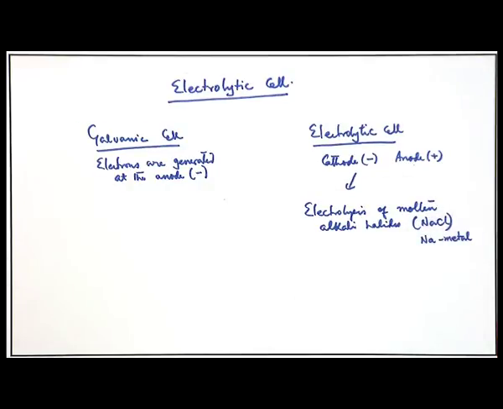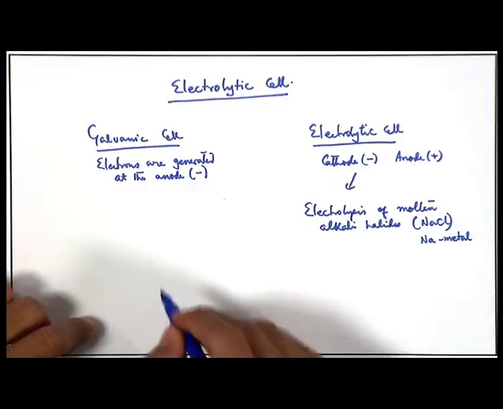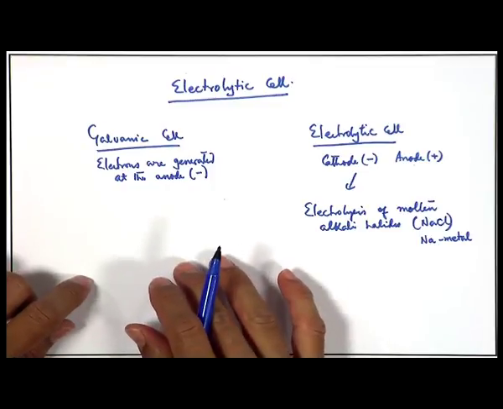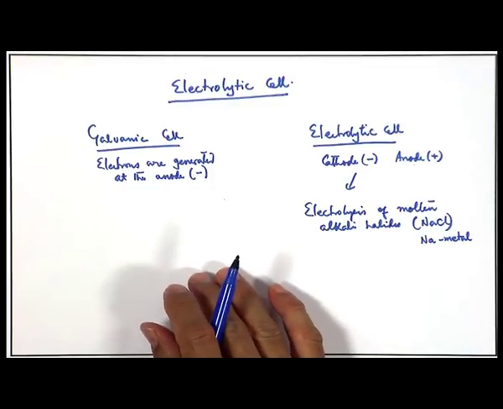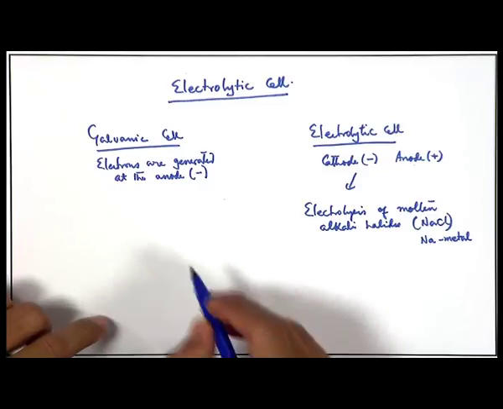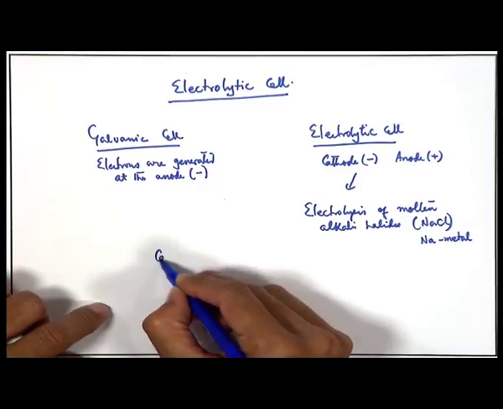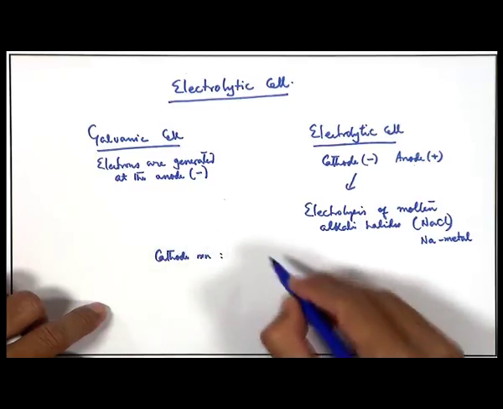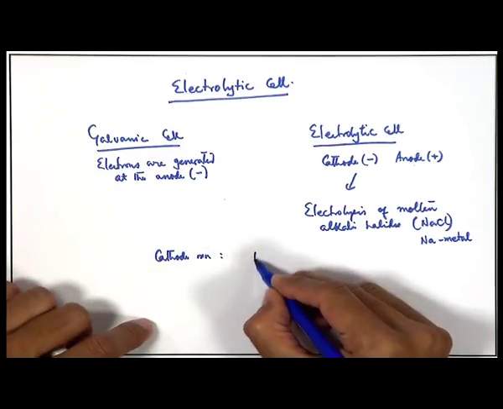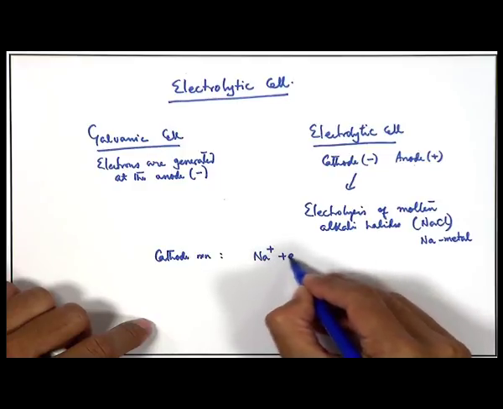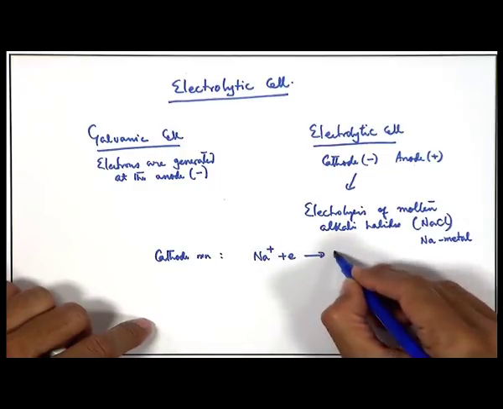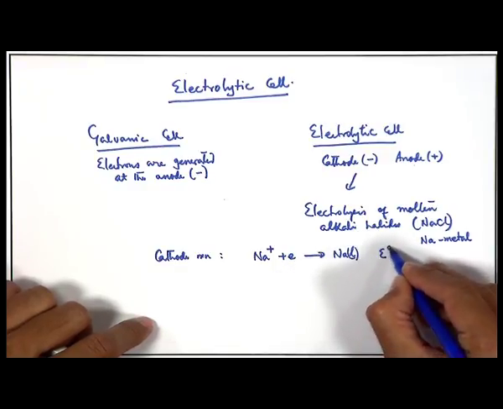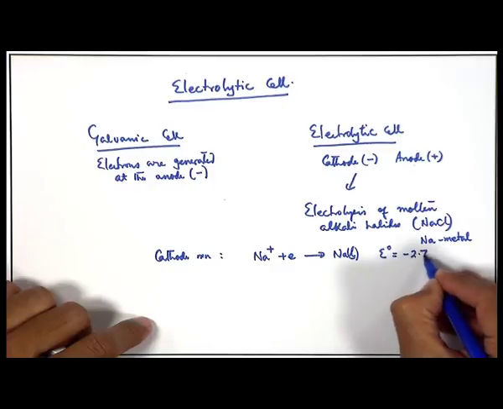Now, what happens in this case? Reactions take place both at the anode and the cathode. The cathode reaction is a reduction, Na plus plus electron gives Na in liquid form, and the corresponding potential is equal to minus 2.71 volt.